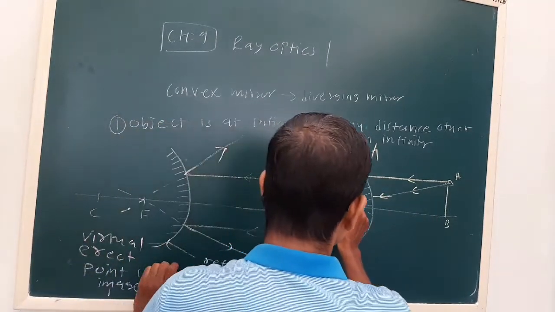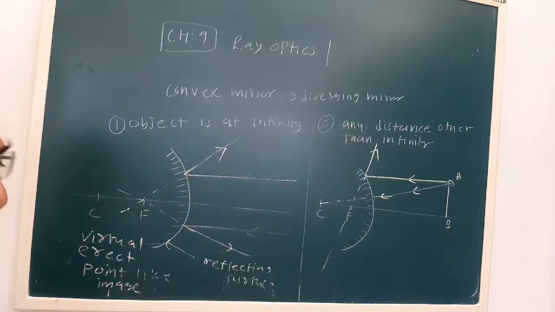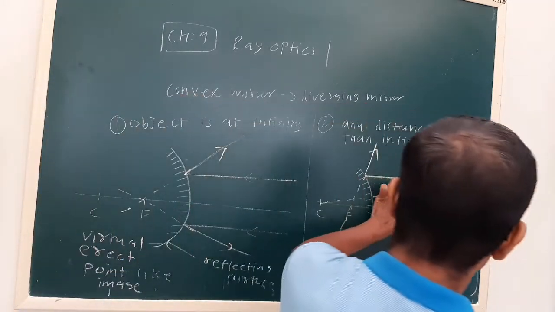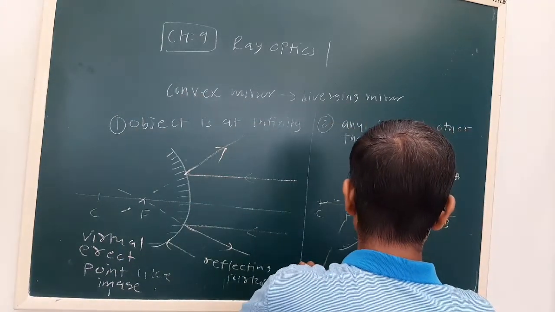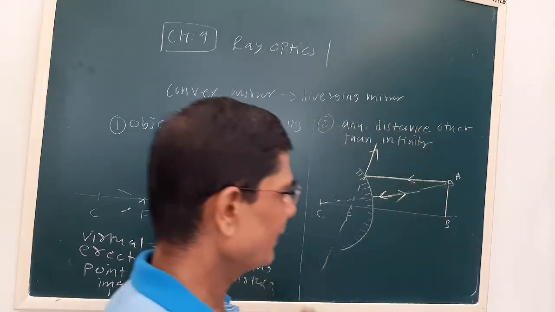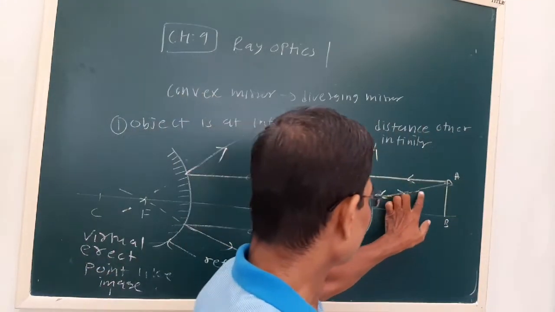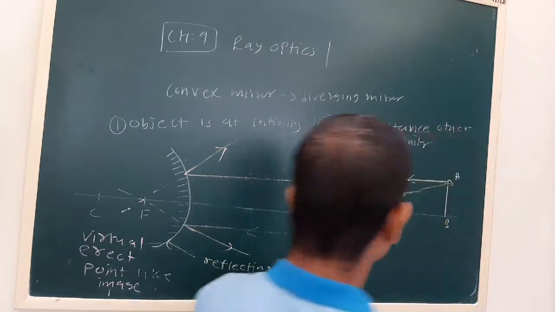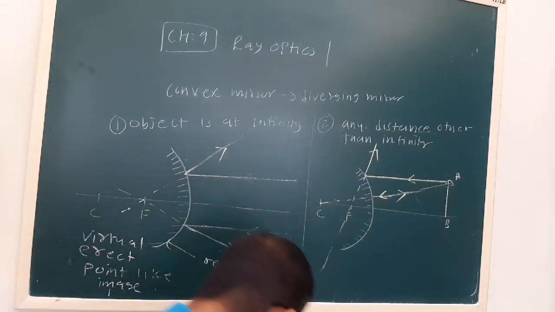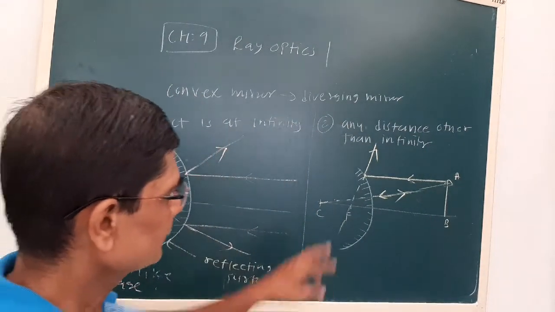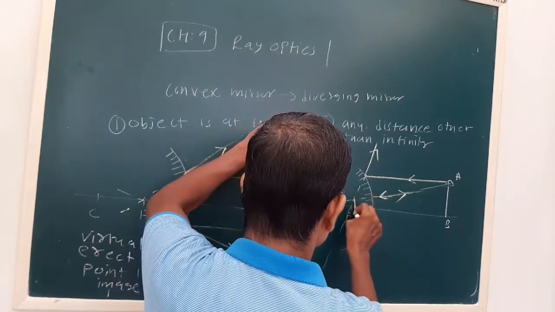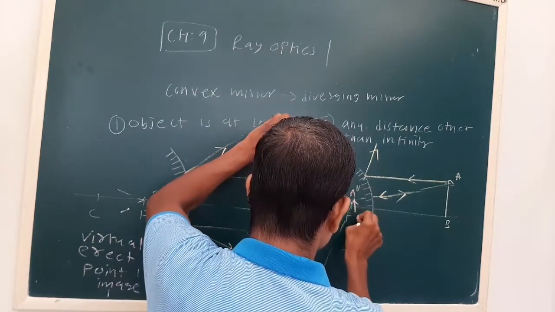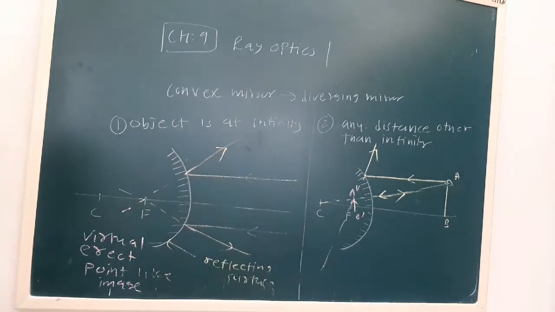We assume that it was to meet at C, but by the property of reversibility, see, here it is incident. Now after reflection, it has moved back on the same path. So what we can see here, the two rays, when extrapolated, meet here. That is A dash B dash. Okay, that is the image formed.